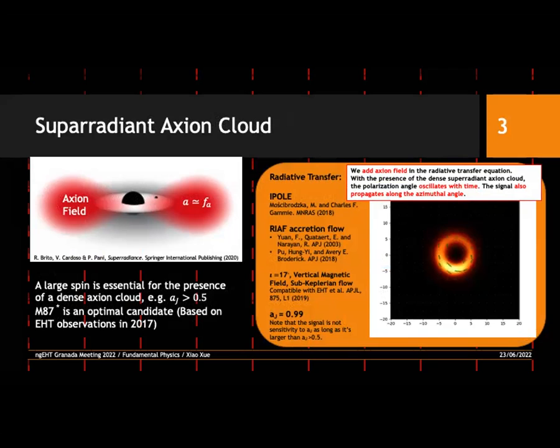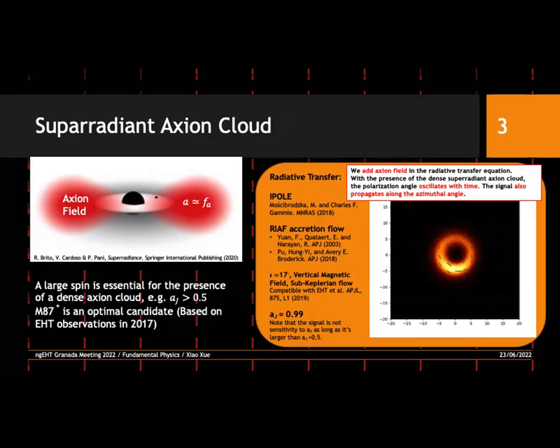The axion field created has a mass that is related to the mass of the black hole, which means that when the mass of the black hole is larger, the mass of the field is smaller. Here the superradiance condition requires the spin of the black hole to be at least 0.5, which is actually the case for the black hole M87 star, based on the observation EHT made in 2017.